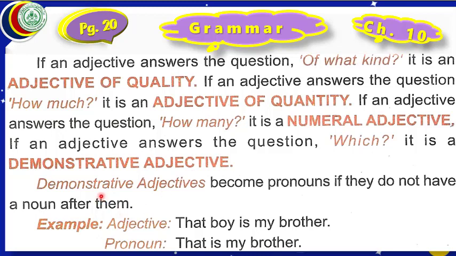Demonstrative adjectives become pronouns if they do not have a noun after them. Example: that boy is my brother. That is my brother. When we say "that boy," this word "that" is an adjective. But here the same word is a pronoun because after "that" there is no noun. That is why it is a pronoun.